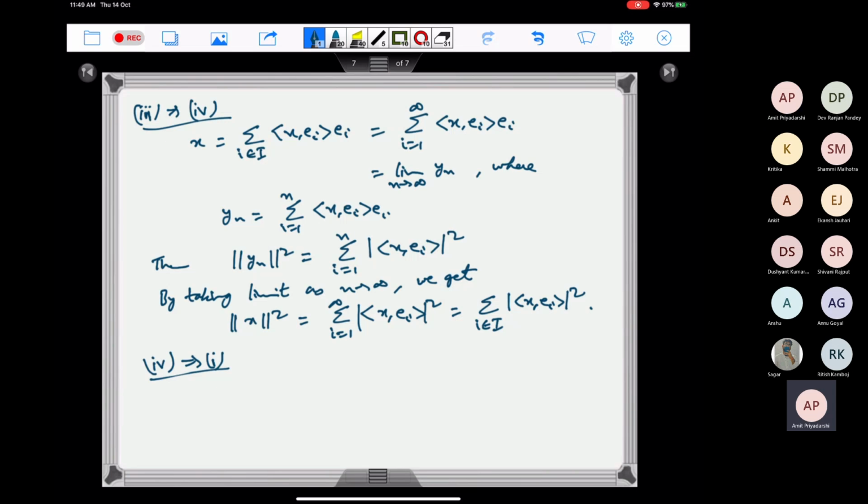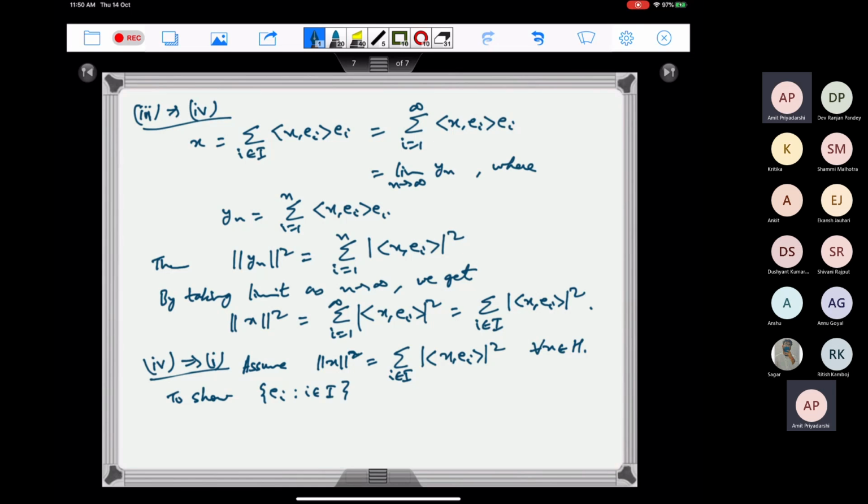So assume norm x square is equal to summation mod x dot ei square, i in I, for every x in H. Then we have to show this ei, i in I, is complete.